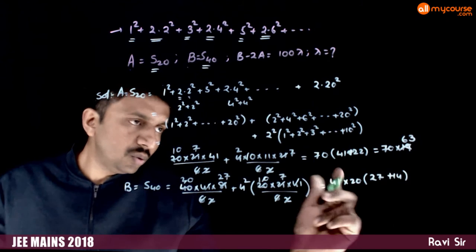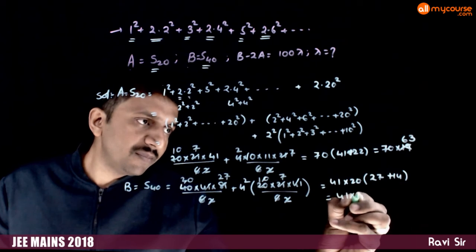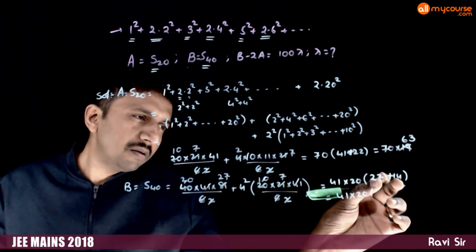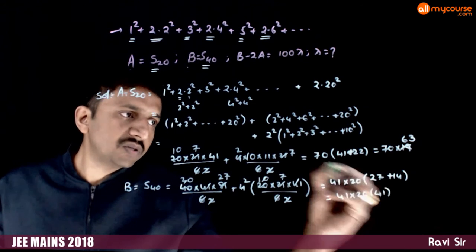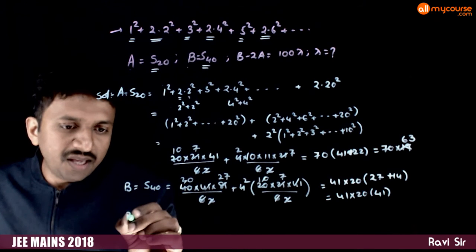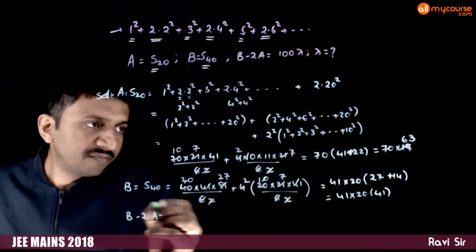So I need to do 41 times 20 times 30 and 41. I have 41 again. So the question is B minus 2A.